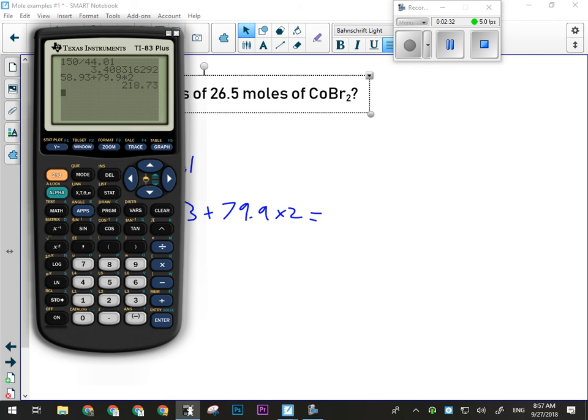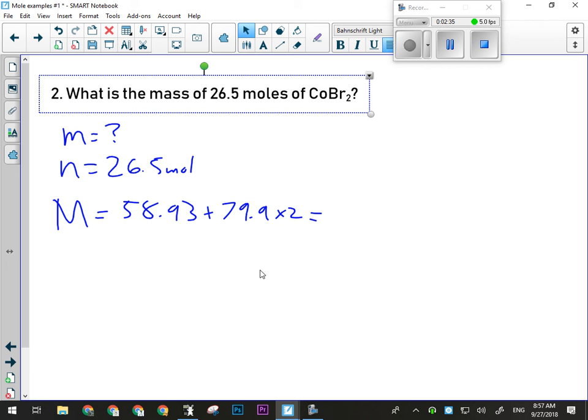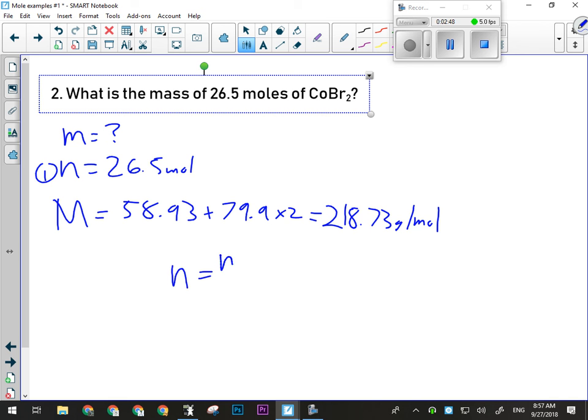All right, so we should be looking at 218.73 grams per mole. Now that we have those things, we can set up, so that'd be our first mark, we'll set up our mole equation calculation, N equals little m over big M, but I'm looking for little m, so I have to move big M over to the other side by multiplying both sides by it.